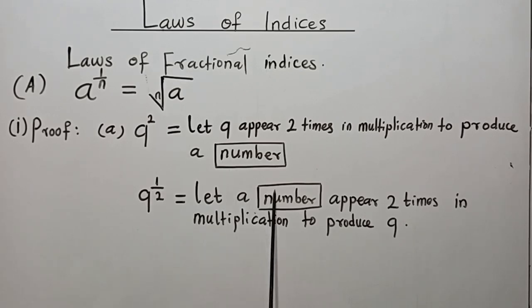But in this one, it is a number which multiplies itself 2 times to give us 9. Again, this number is the number we get when 9 multiplies itself, appearing twice. But here, the number is that number which, if it multiplies itself and appears twice, the result is 9.